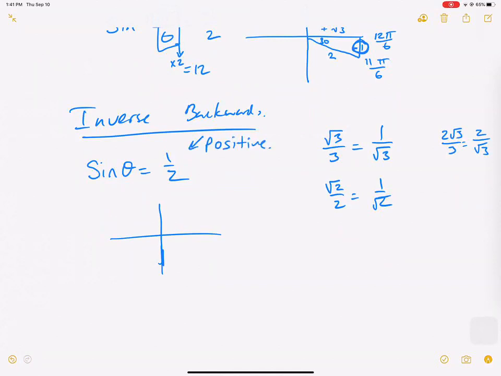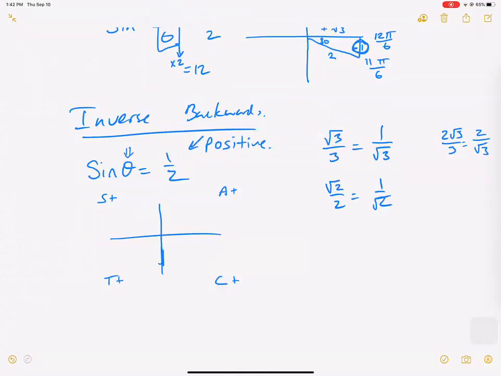In what quadrant is sine positive? We had a way of figuring that out. Remember, all students take calculus. That means everyone's positive in quadrant 1, only sine is positive in quadrant 2, only tangent is positive in quadrant 3, and only cosine is positive in quadrant 4. So if sine is positive, what quadrants does our theta fall into?